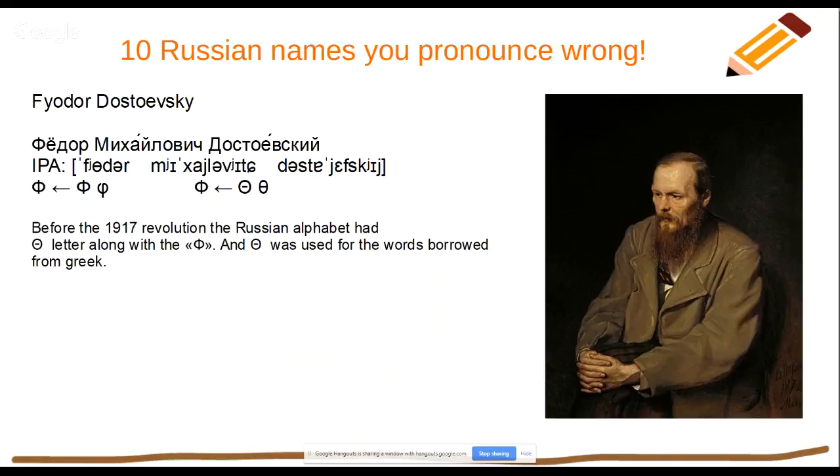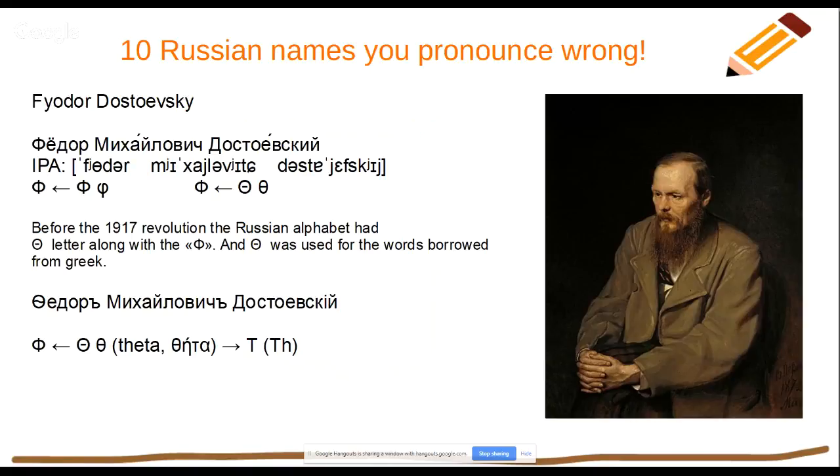And we use this letter for the words borrowed from Greek. So since Fyodor is a Greek name, it comes from Greek, Dostoevsky's name was written this way, actually. Fyodor Mikhailovich Dostoevsky.